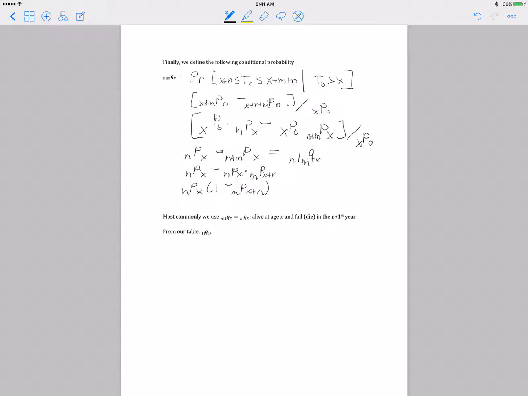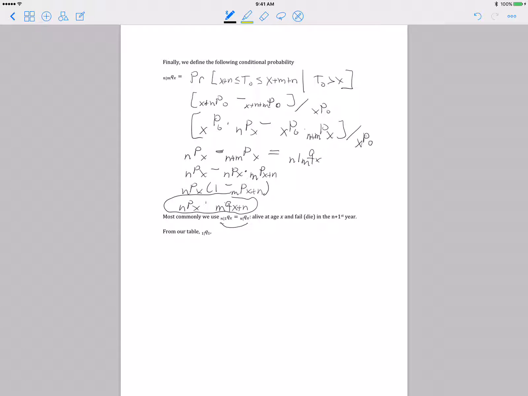And you see we now have the product of a p and a q, pxn times q x plus n m. So this is another way to write this conditional probability statement.